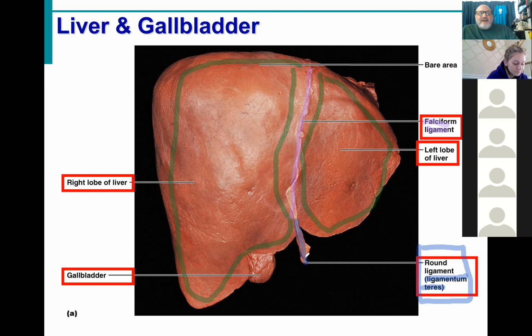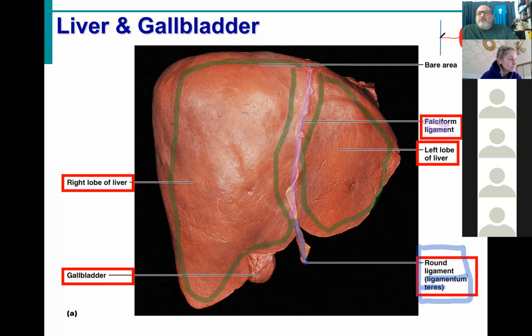This is actually a vestigial structure from when you were inside mommy's tummy, right? Because when you were inside mommy's tummy, and let's draw the wall of your tummy there and the wall of mommy's belly there, right? Mom's belly had that nice big placenta sticking on it. And off of that placenta was an umbilical cord that connected to you.